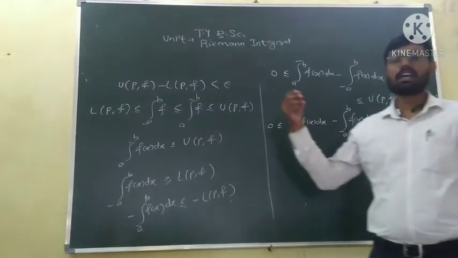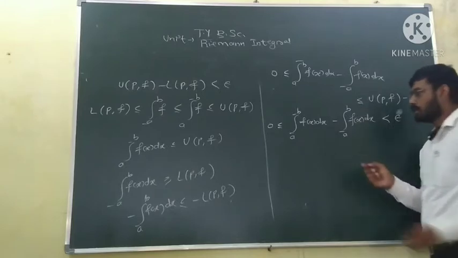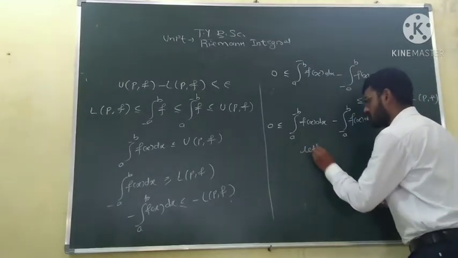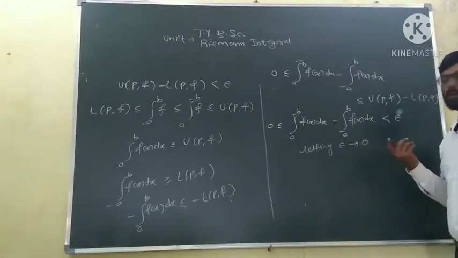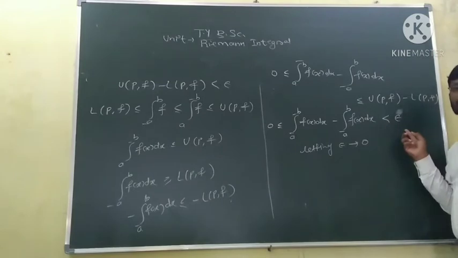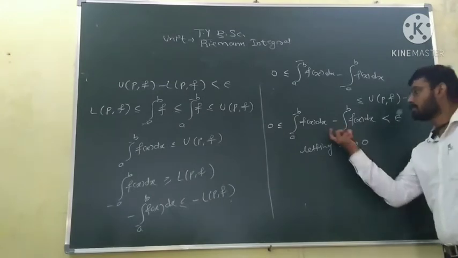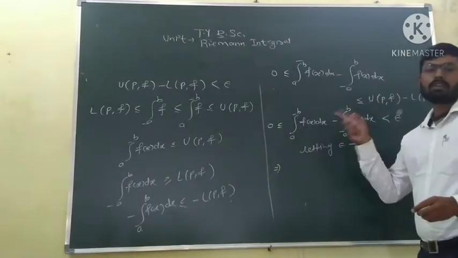Now epsilon is an arbitrary element, so we can take epsilon very close to 0. So letting epsilon tend to 0, what happens? The difference is greater than or equal to 0 and less than or equal to 0. So only one option remains, that the difference must be equal to 0. Why?